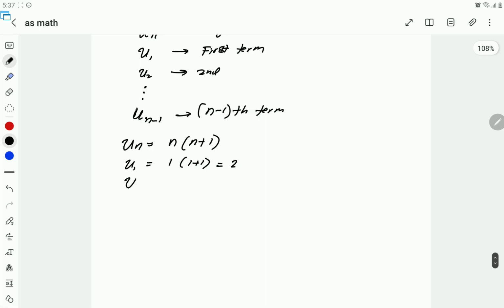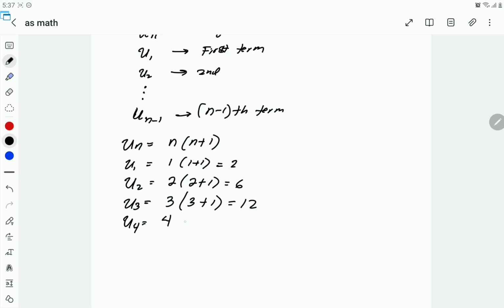Your U sub 2, meaning n equals 2, 2 times 2 plus 1 equals 6. Your U sub 3 is 3 times 3 plus 1 is equal to 12. So let's try until U sub 4. 4 times 4 plus 1 is equal to 20.